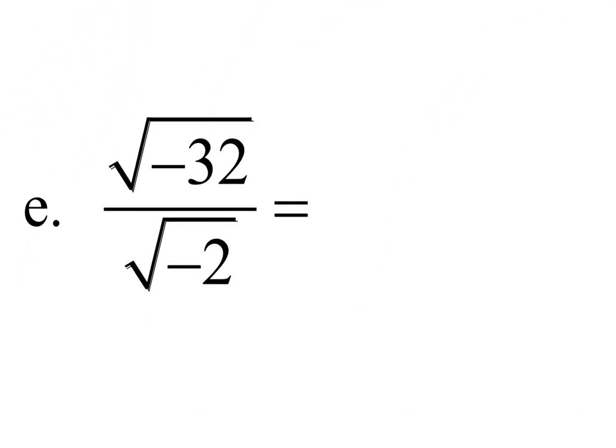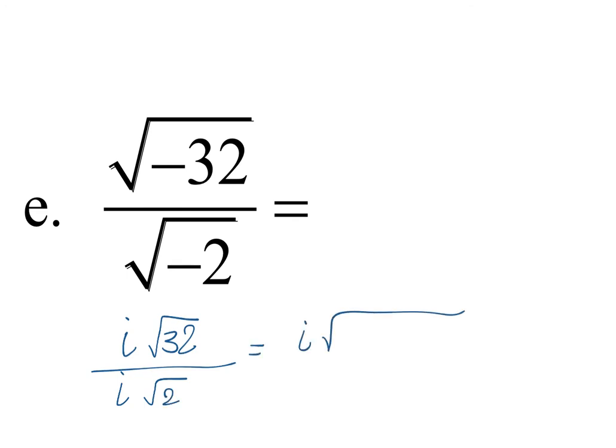Right here you have i square root of 32 over i square root of 2. Square root of 32, 2 times 16, which is 2 times 8, which is 2 times 4, which is 2 times 2.